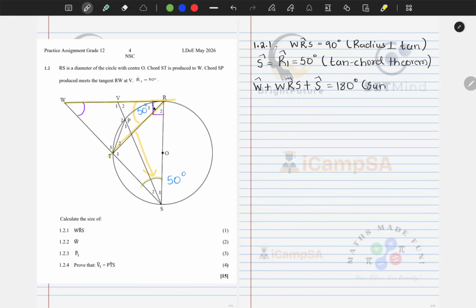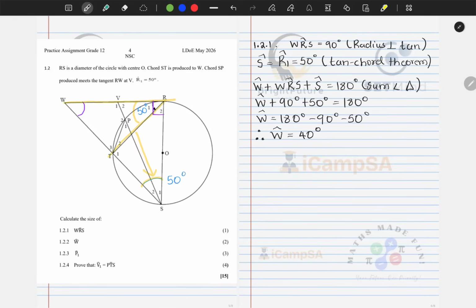And this is sum of angles in a triangle. Then we now have our angle W plus our 90 degrees, plus our 50 degrees equals 180 degrees. Then you can transpose and you'll see your W will be 180 minus 90 minus 50 degrees, which will end up giving us angle W very easily as 40 degrees.